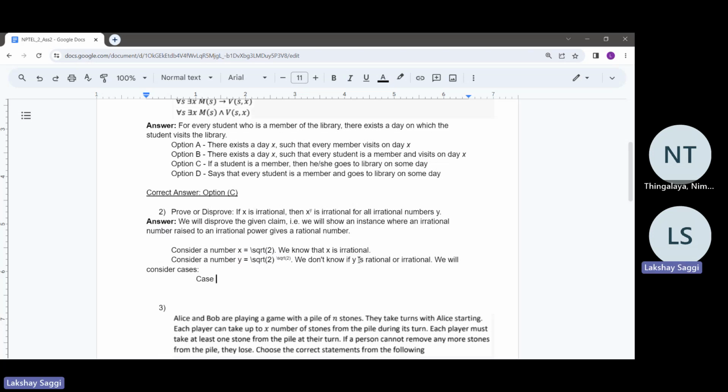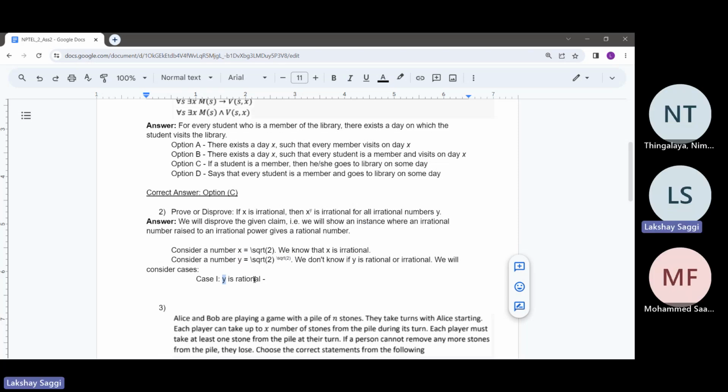Case one is y is rational. If this number root 2 raised to the power root 2 is actually rational, then I'm claiming that I have disproved this. I have shown an instance where an irrational number raised to the power of an irrational number gives a rational number, because root 2 was irrational.